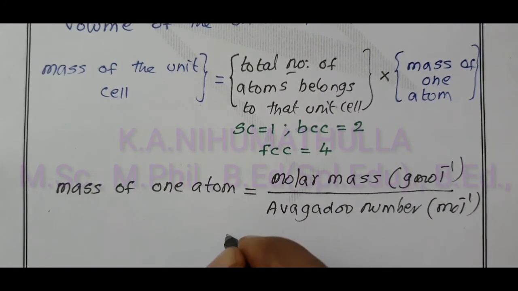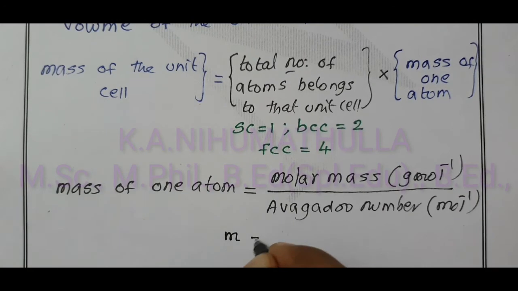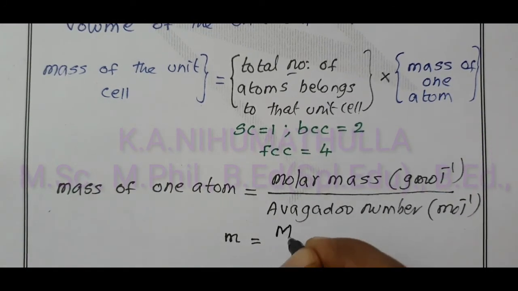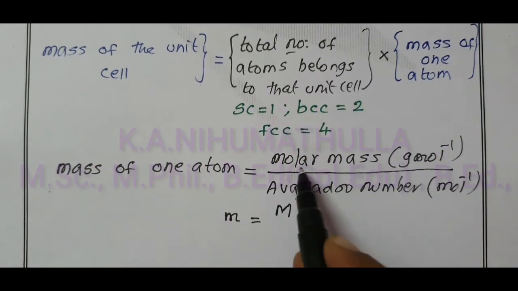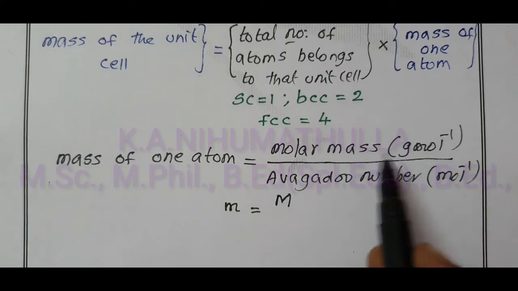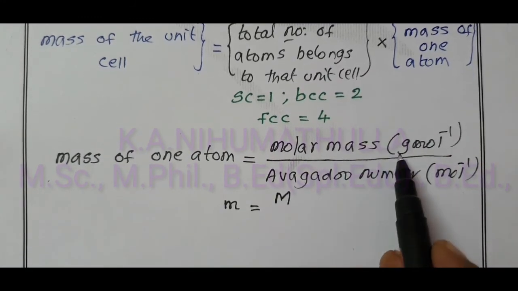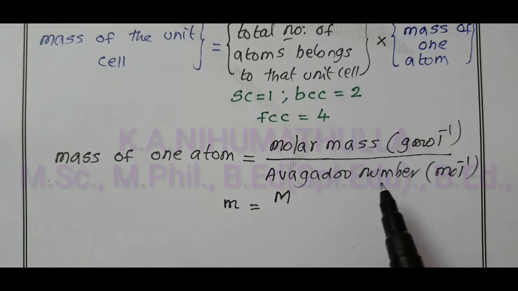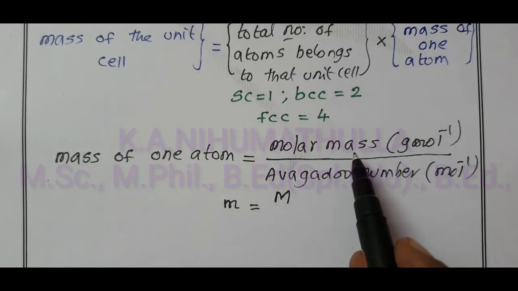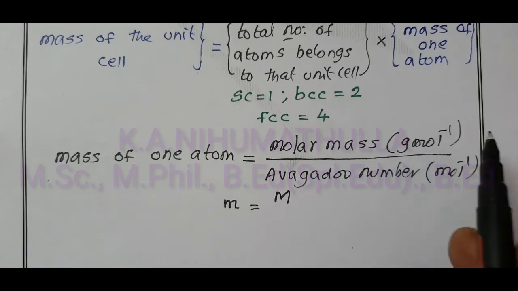Mass of one atom, symbol small m. Molar mass given in capital M. If an atom is given, the atomic mass is in gram mole power minus 1, and it is called molar mass. If a molecule is given, the molecular mass is expressed in gram mole power minus 1.